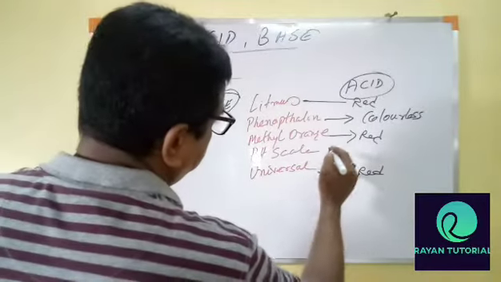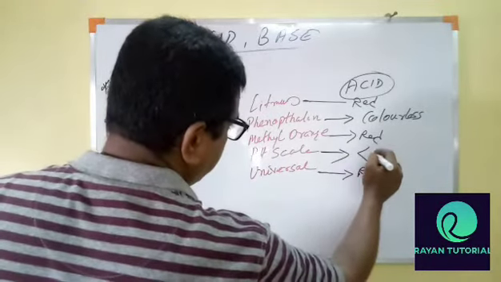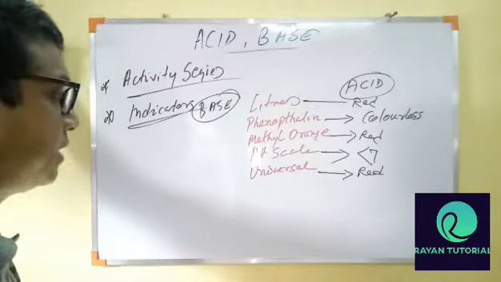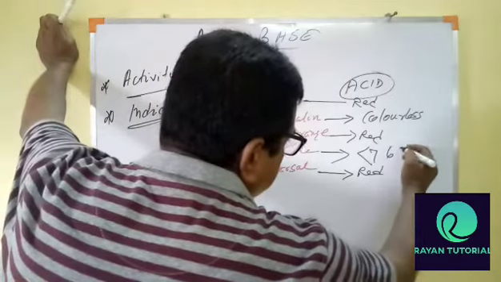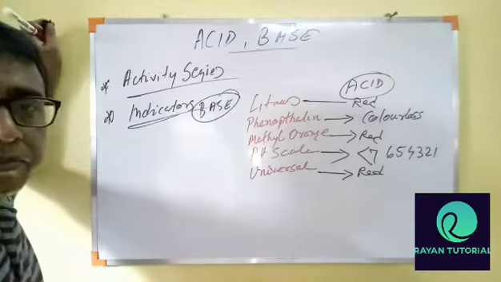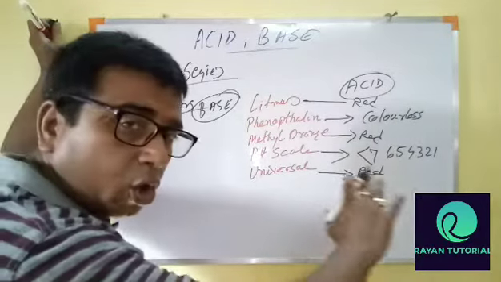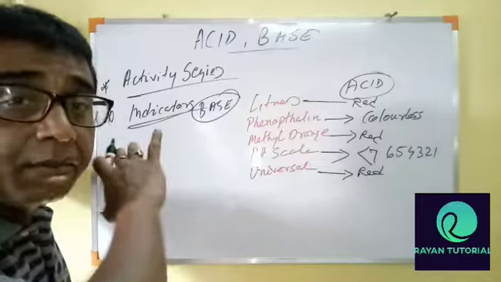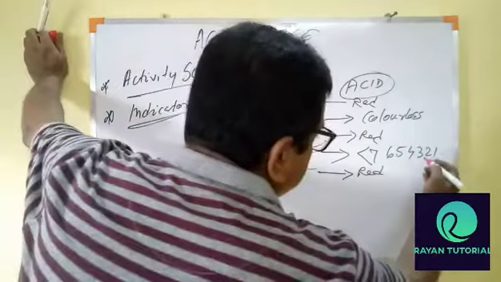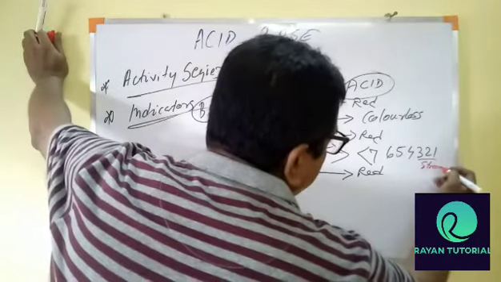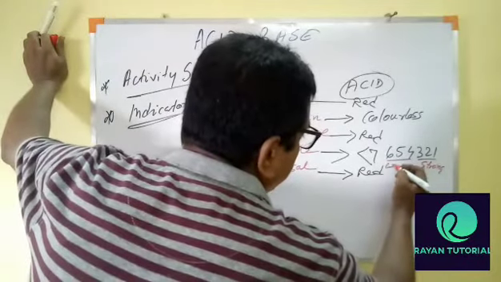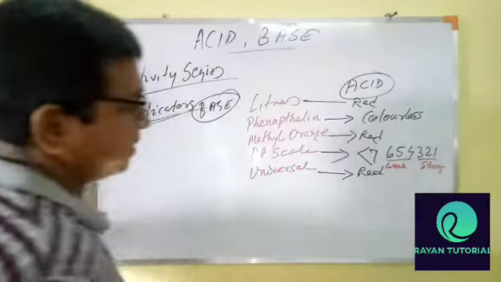And for pH scale, acid is always less than 7, meaning 6, 5, 4, 3, 2, 1. The further downwards it goes, the stronger the acid. Those with pH 3 to 1 are very strong acids, and those at 6, 5, 4 are weak acids.